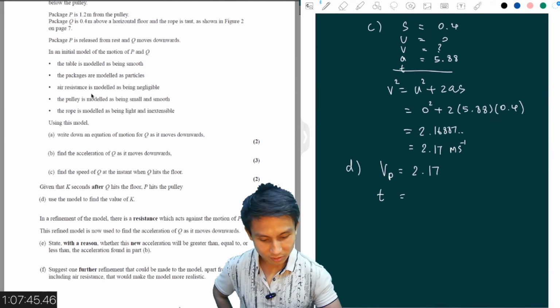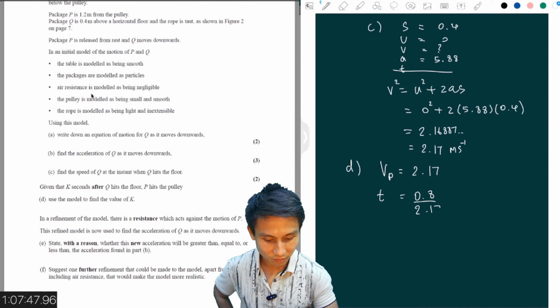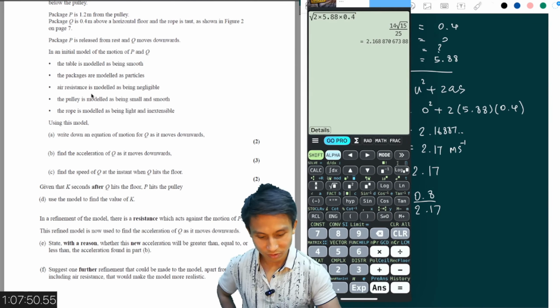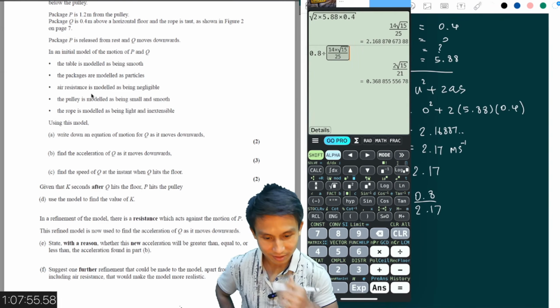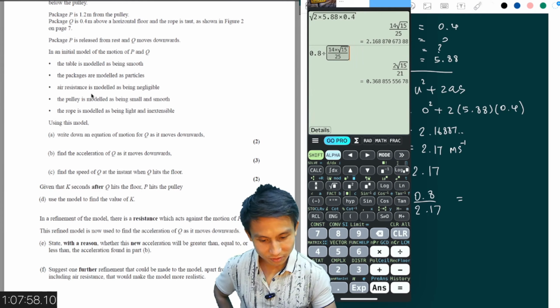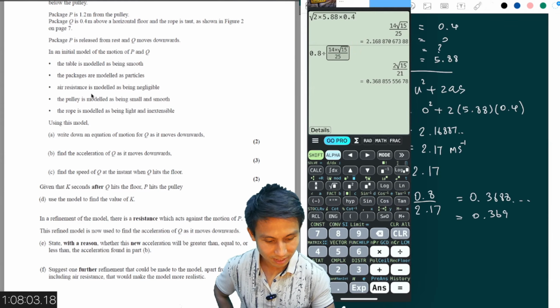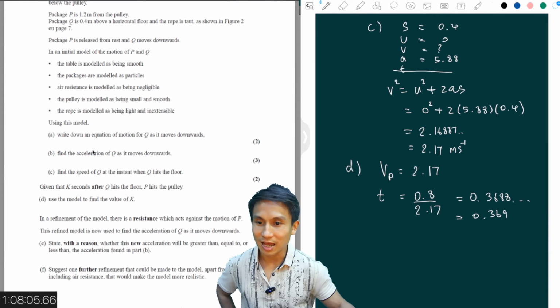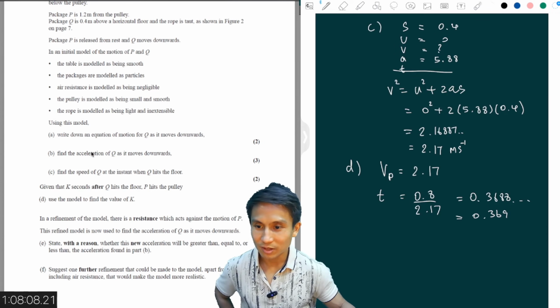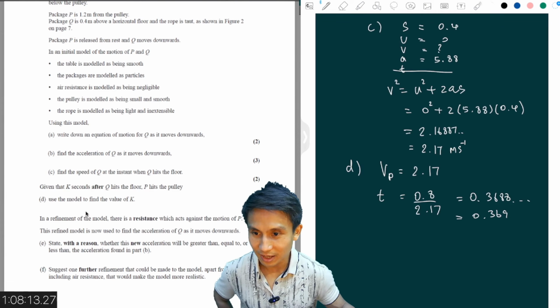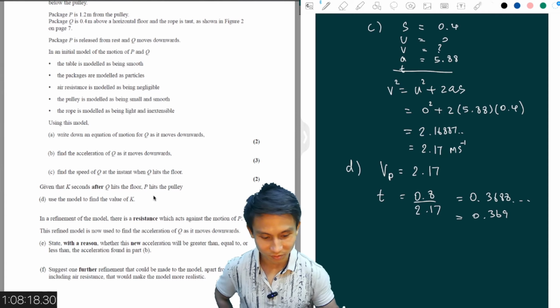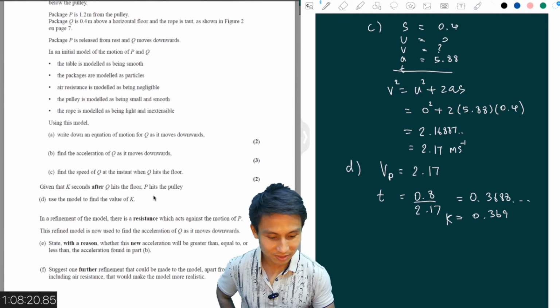So that's just 0.8 divided by 2.17. Which is 0.3688..., I'm just going to round that to 0.369. So that's the time that P will take to hit the pulley, and that's exactly what K seconds is, after Q hits the floor. So K equals that, basically.